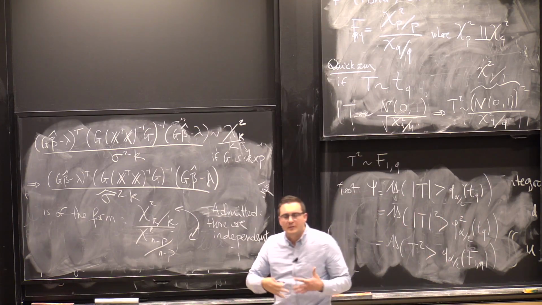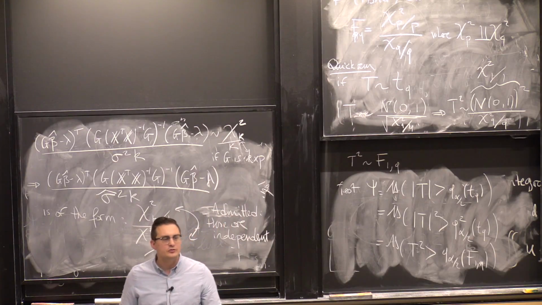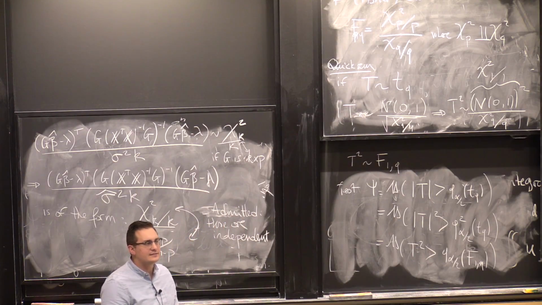So in a way, those two things belong to the same family. They really are a natural generalization of each other. At least the F test is a generalization of the t-test. Okay?